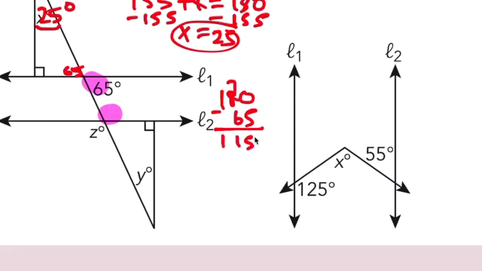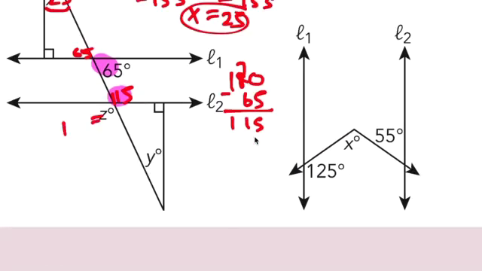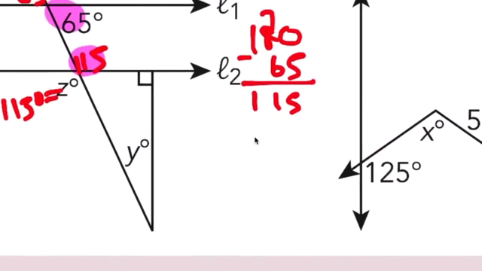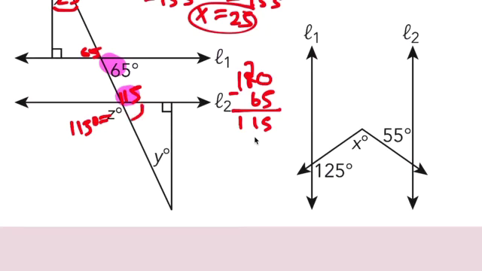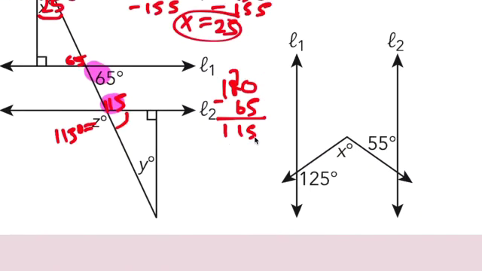So this is 115 degrees. Therefore, z is also 115 degrees, vertical angle. If that is 115, this is 65 to make 180. Okay, and then that's 90 degrees. Add these two, subtract from 180.